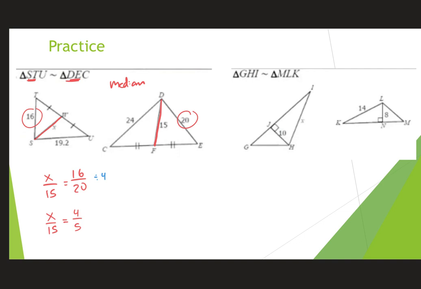This just gives me smaller, nicer numbers and makes math easier, which I think we all want in life. All right, so once you're here, you're going to cross multiply. That gives you 60 is equal to 5x, which, when you divide by 5, is 12.